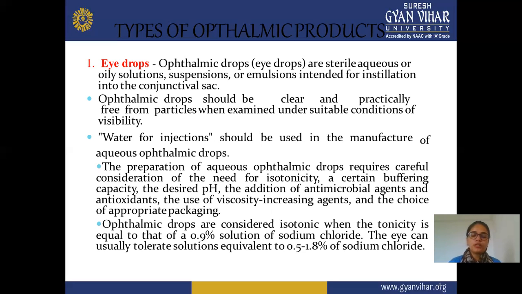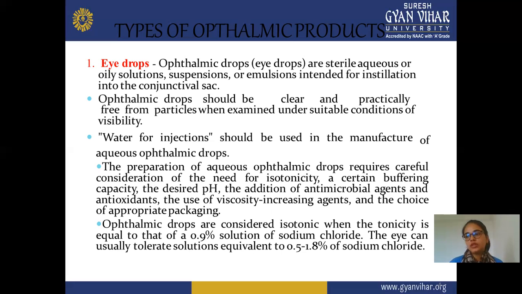Similar to a parenteral product, these eye preparations should be isotonic in nature and maintain an isotonicity similar to eye tonicity. Otherwise, it may show some dangerous problem in your eye. So first, a very important condition is that your formulation should be isotonic or according to eye tonicity. And second is pH.